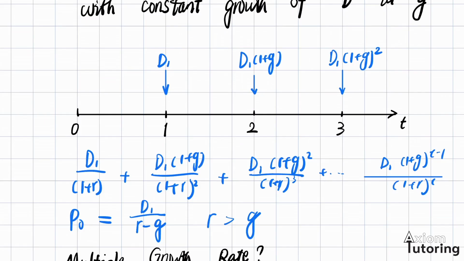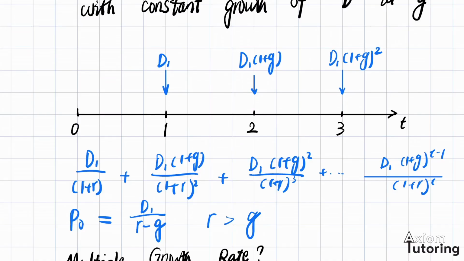We have a very intuitive explanation for this. The discount rate, or the required return, must be higher than the growth rate so that the price could converge. Otherwise, if the company is growing so fast that the discount rate is not catching up with the growth, then you cannot put a price on it, because this growth will grow into infinity. So there is no price on such kind of stock.